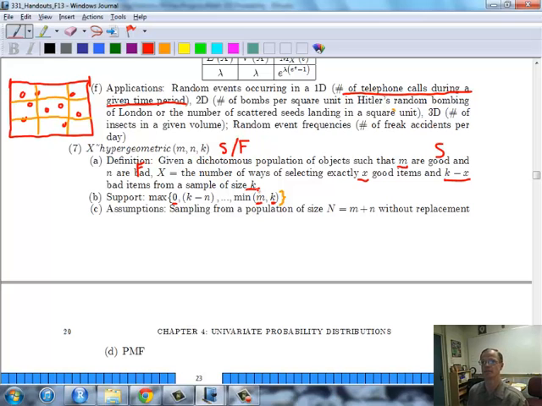So that's what we've got. Now it should be 0 up through there.